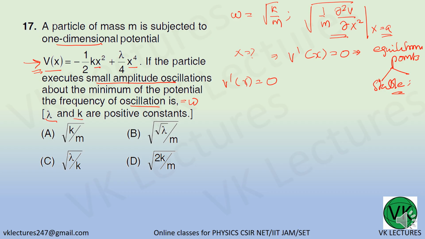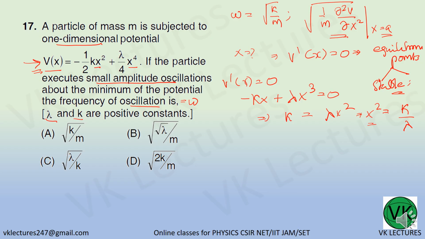That gives minus kx plus λx³ equal to 0, which means k is equal to λx². From that x² will be equal to k divided by λ. So we got x: x will be equal to plus or minus the square root of k by λ.